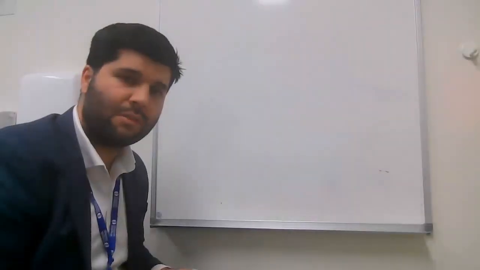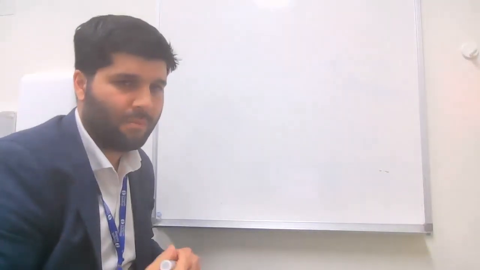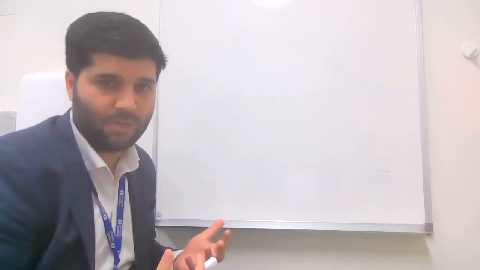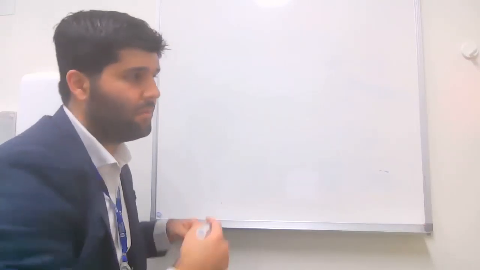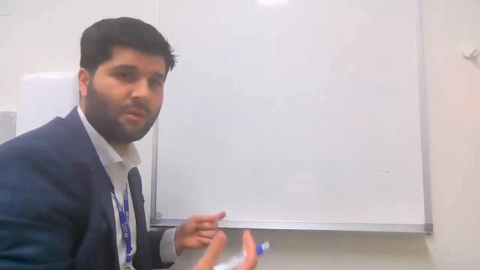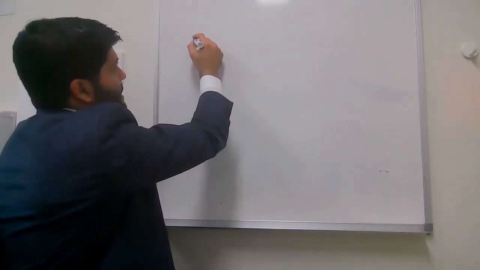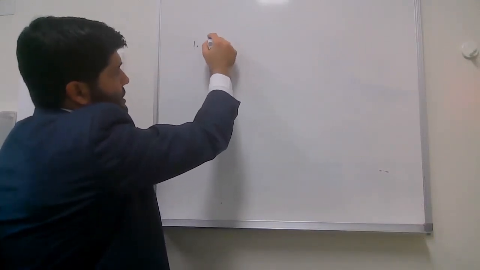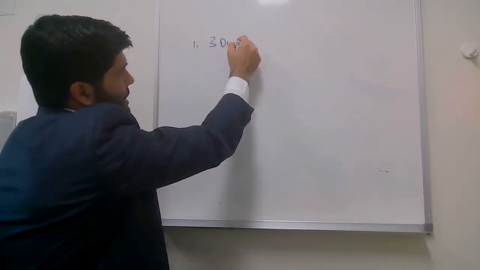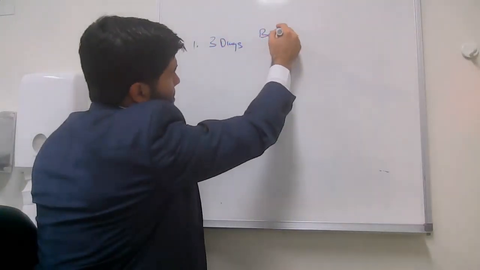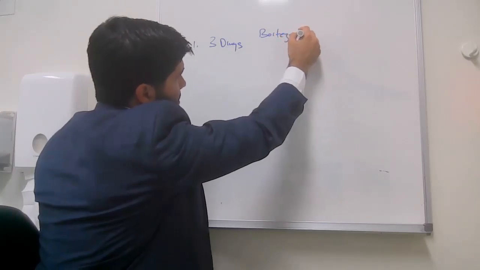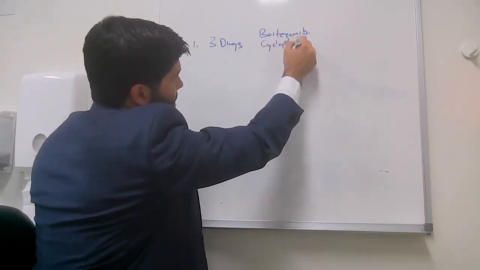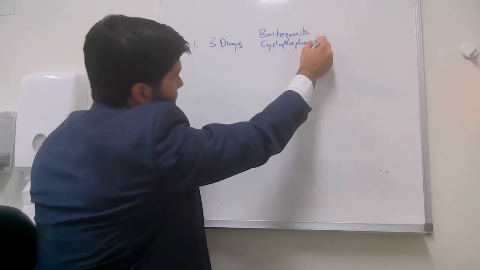A couple of important principles to remember in terms of treating myeloma are that we use combinations of medications, okay? And probably the two most common combinations that are used in Australia are the first one being a combination of 3 drugs, and that is bortezomib, cyclophosphamide, and dexamethasone.